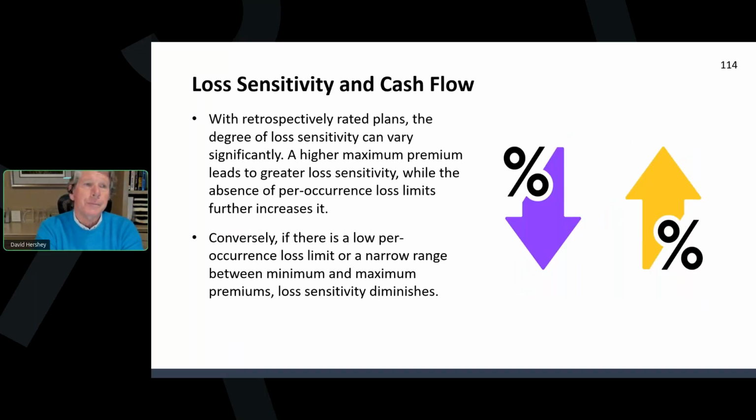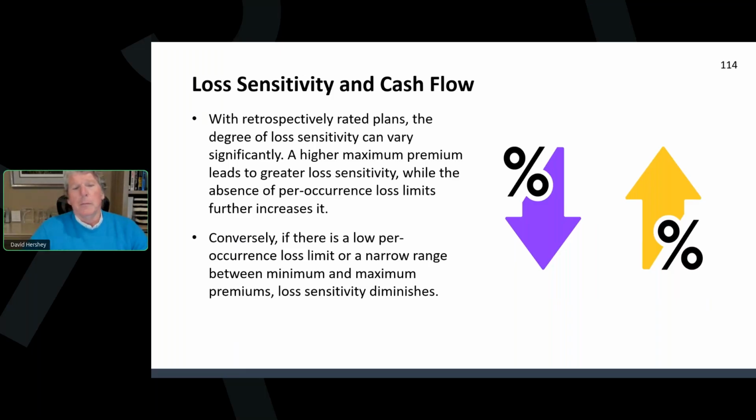Loss sensitivity and cash flow. With retrospectively rated plans, the degree of loss sensitivity can vary significantly. A higher maximum premium leads to greater loss sensitivity, while the absence of a per occurrence limit further increases it. Conversely, if there is a low per occurrence loss limit or a narrow range between minimum and maximum, the loss sensitivity diminishes. Does that make sense to everybody?